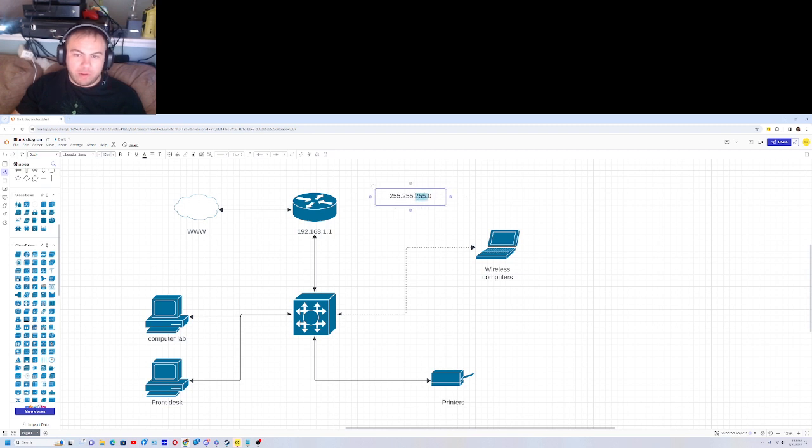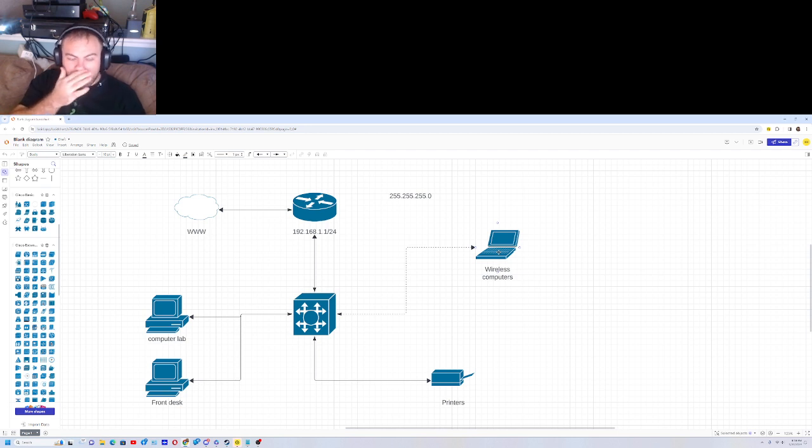Okay, so you could say this is a 1.1/24. Okay, now I want to create 4 different networks. I want my computer lab, I want my front desk, I want my printers on their own network, and then I want all my wireless devices on their own network.